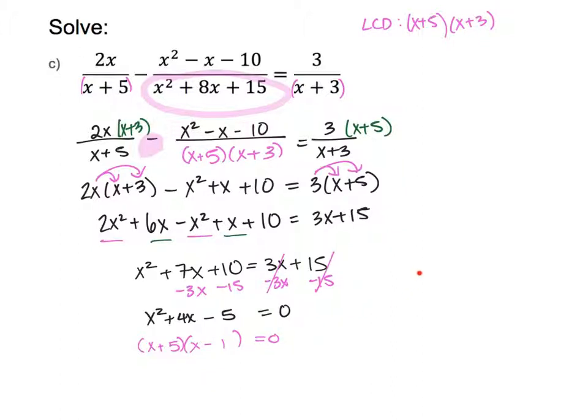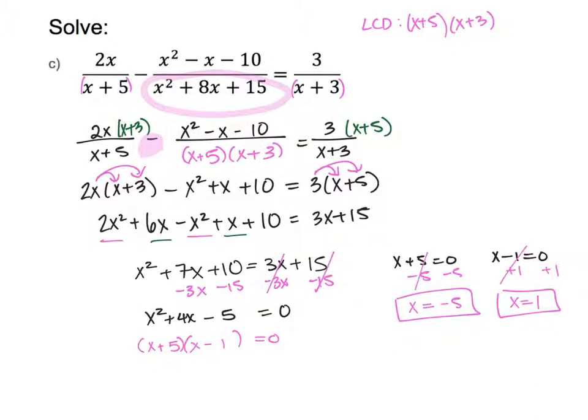So I'm going to do that here to the side. So I have x plus 5 equals 0 and x minus 1 equals 0. If I subtract 5 from both sides, that cancels, so x is equal to -5. And if I add 1 to both sides, that cancels, and x is equal to 1.